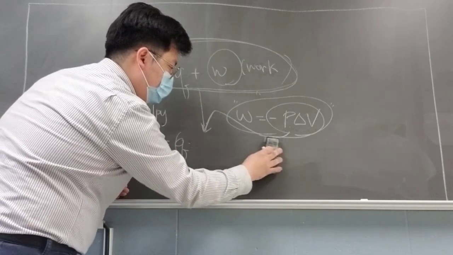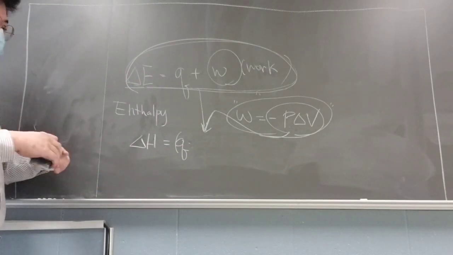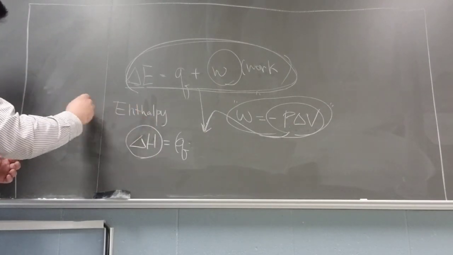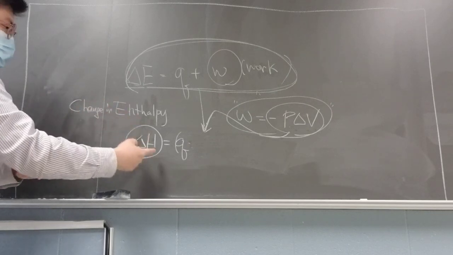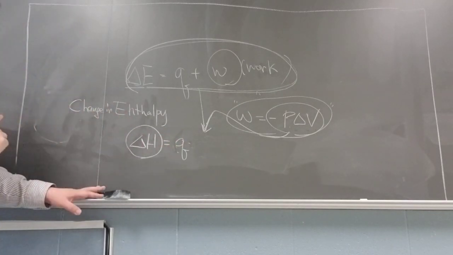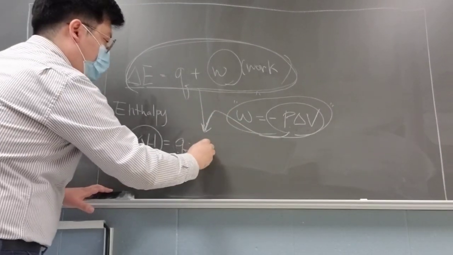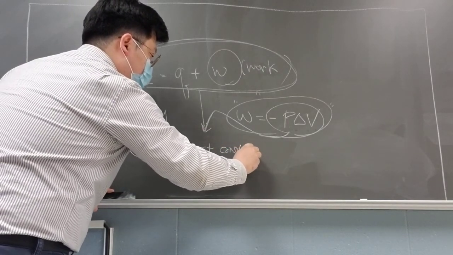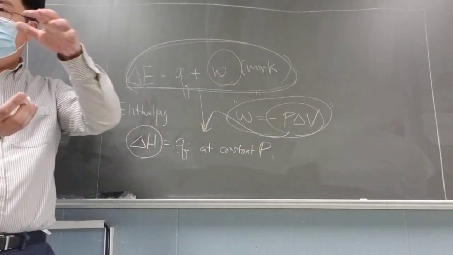So then, do you see this, the negative and plus? So let's cancel. Right? So the change in enthalpy, so not enthalpy, but change in enthalpy, is the same as your heat energy from your system at constant pressure. Because we fix the pressure, we're only changing the volume.